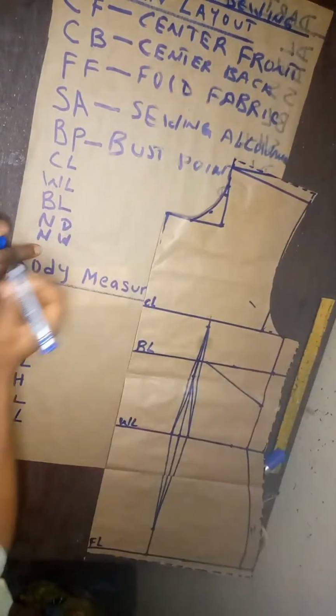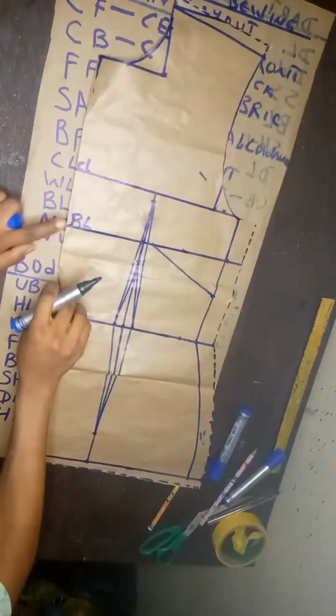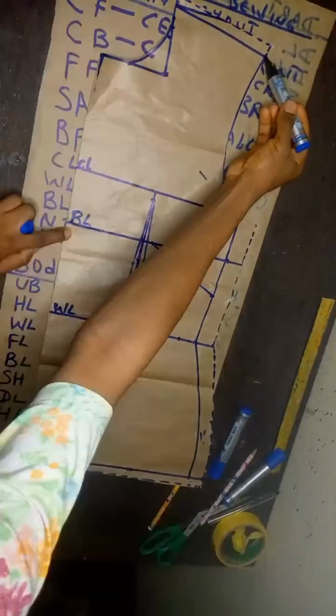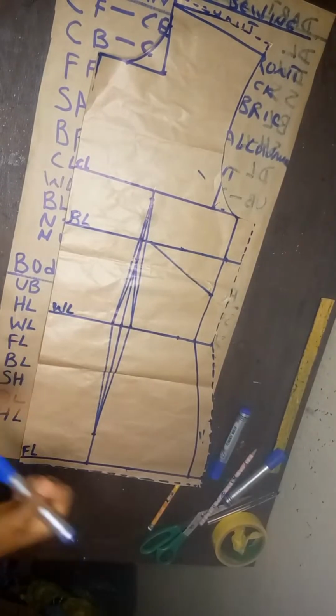So, and what about this CL also? So this is CL. CL is the distance between the shoulder. Sorry about that. Sorry, my light is having issues, so if it goes off, I'll have to put it back on.